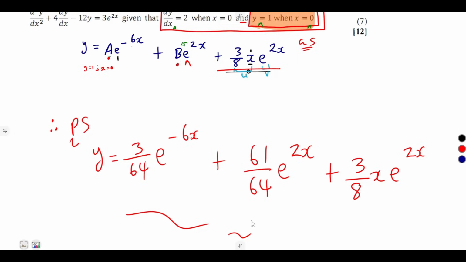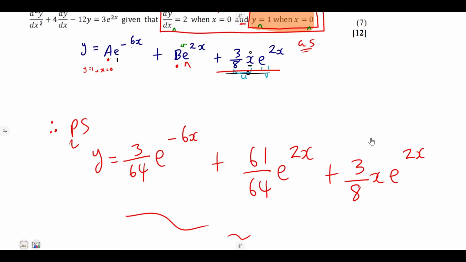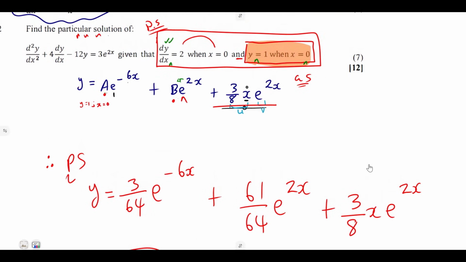You must follow all the stages, that is from the auxiliary equation, which we are going to use in order for us to determine our complementary function, then determining of the particular integral, combining the two to determine what we refer to as the general solution, then finding of every constant. It is very, very important. So these are the typical questions that you might have on your final exams.